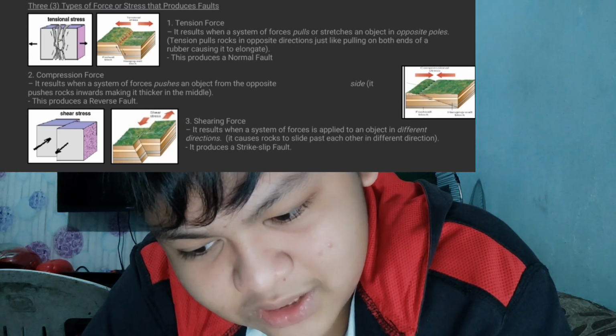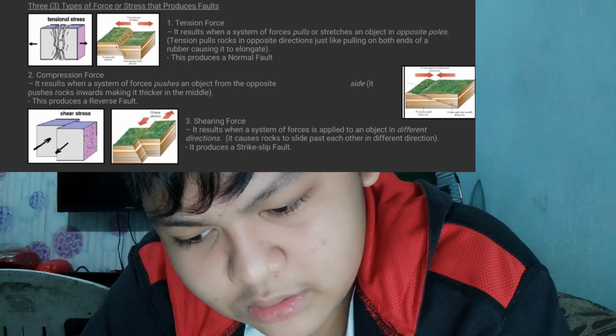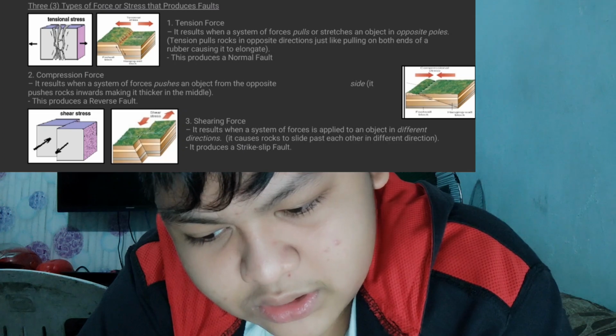Tension pulls rocks in the opposite direction, just like pulling on both ends of a rubber band. This produces a normal fault. Its movement is like pulling each other, like this.